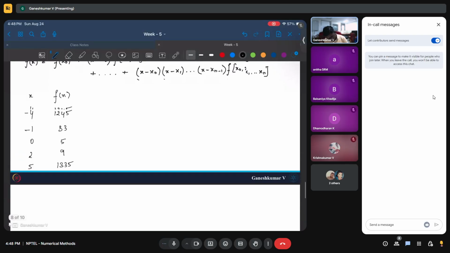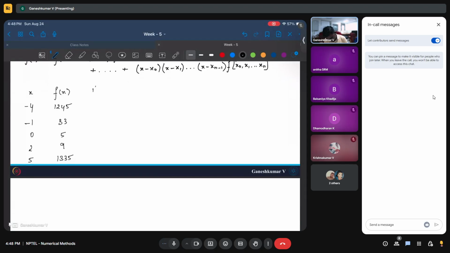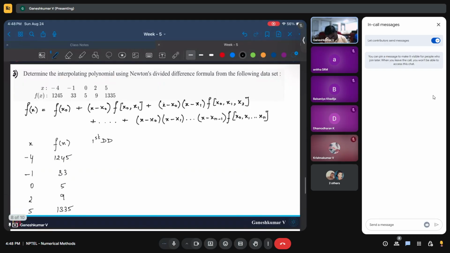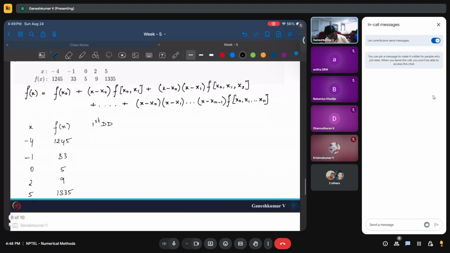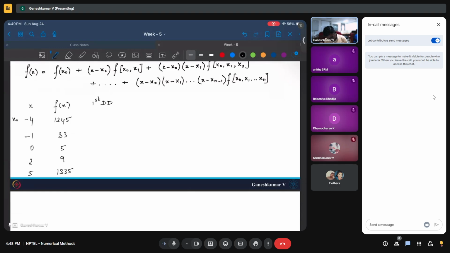So now first we need to find the first divided differences. We are going to just write it as first dd. How do we do it? So this is your x0, x1, x2, x3 and x4.